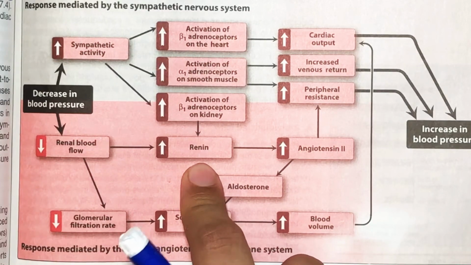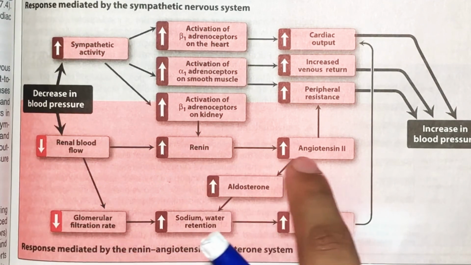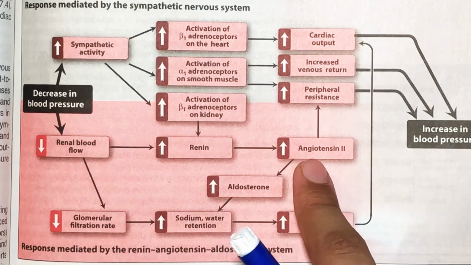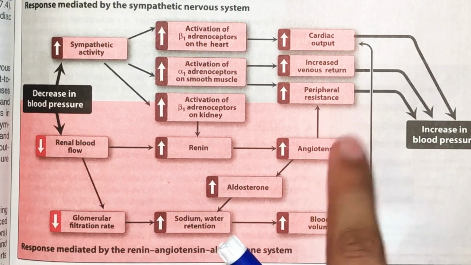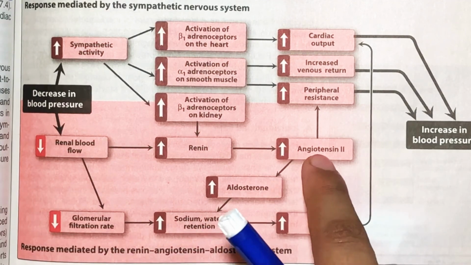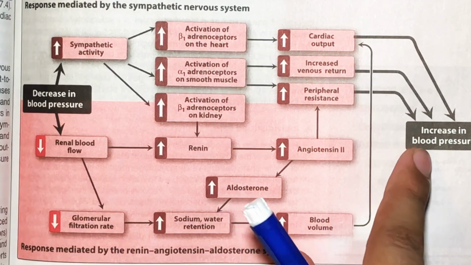So when there is increase in the production of this enzyme, there will be increase in the conversion of angiotensinogen into angiotensin II with respective steps, and this will ultimately increase peripheral resistance. This will cause increase in blood pressure.